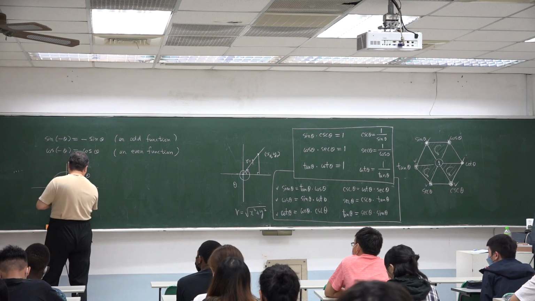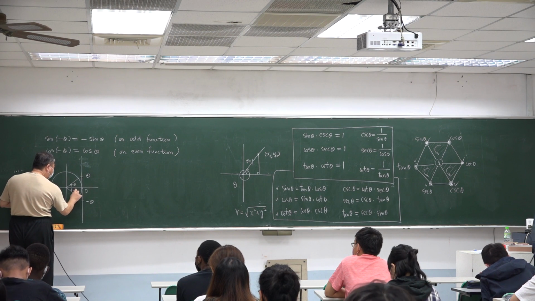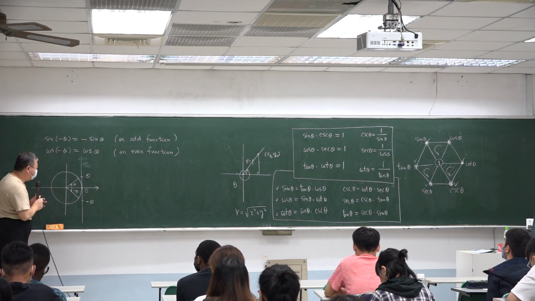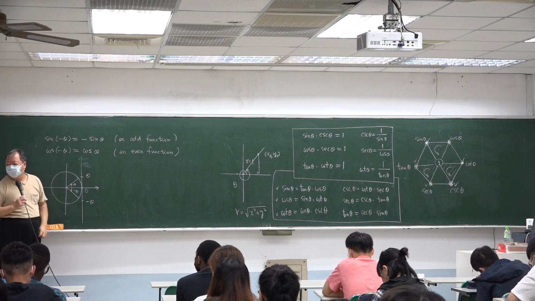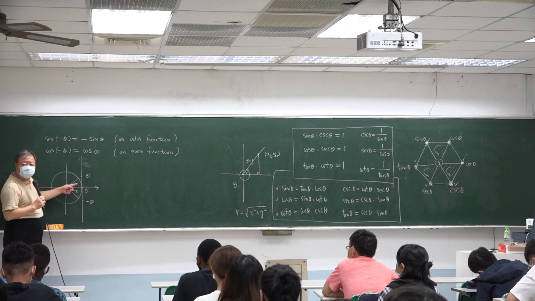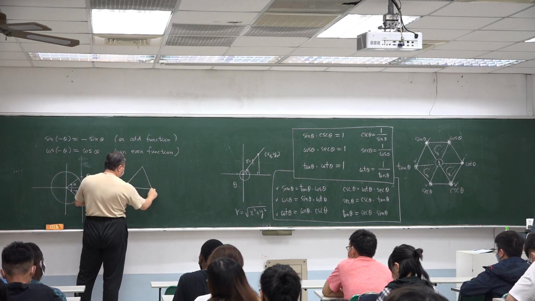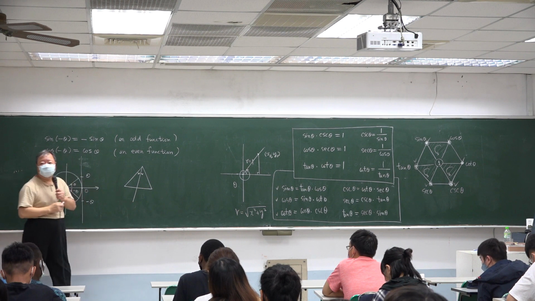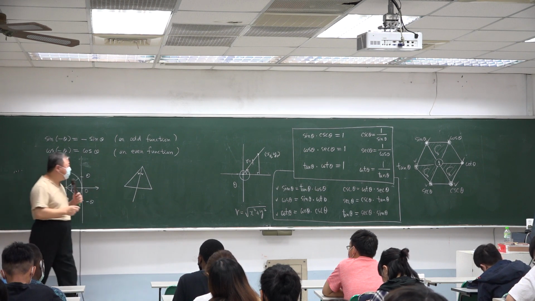So theta and minus theta, whose sum is 0, means this ray is its bisector. How to say this one? For a given angle, how to say this line?